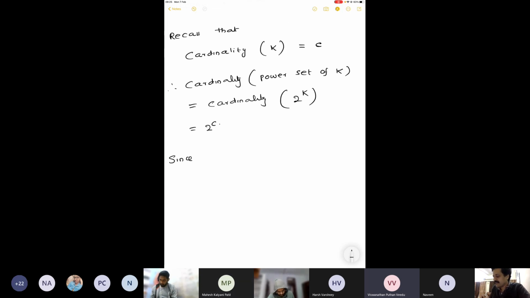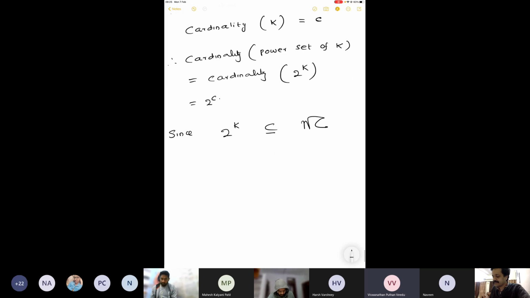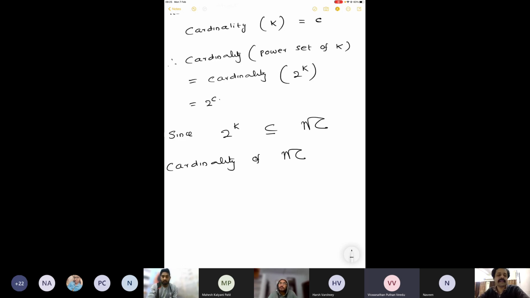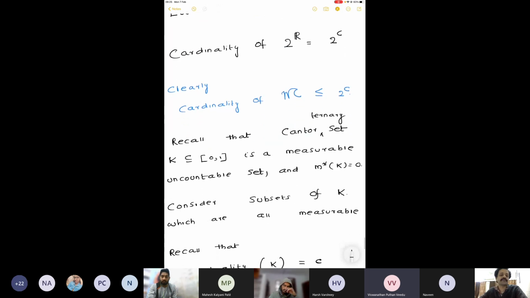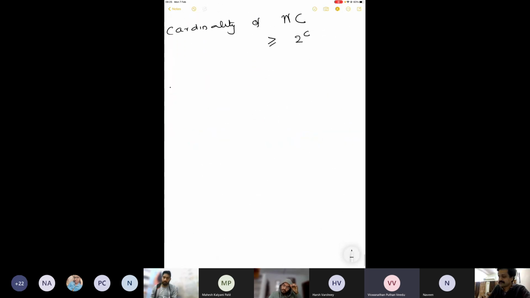Since 2 power K is contained in M, the cardinality of M is greater than or equal to 2 power C. But already you know that the cardinality of M is less than or equal to 2 power C. Therefore, the cardinality of M is exactly equal to 2 power C.